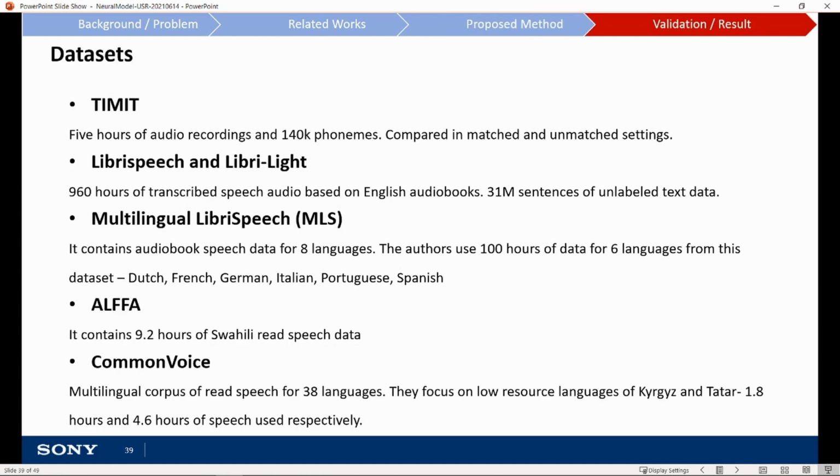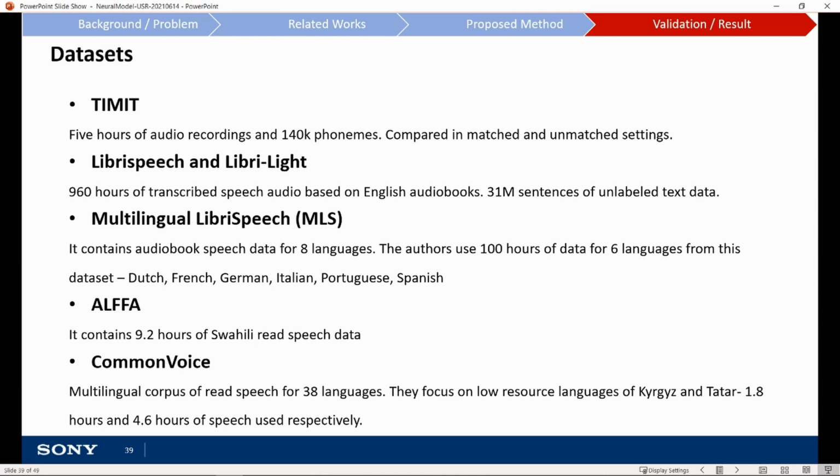These are the datasets that they used, and they conduct experiments on the TIMIT dataset, LibriSpeech and LibriLight, Multilingual LibriSpeech, and Common Voice. Common Voice is a multilingual corpus that has multiple languages, and out of the 38 languages in that corpus, they focus on the low resource languages.